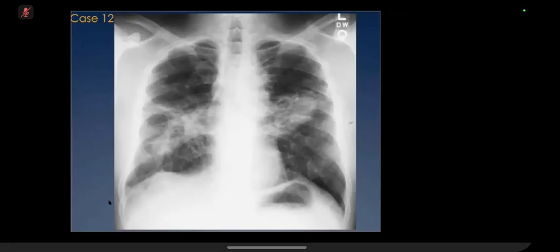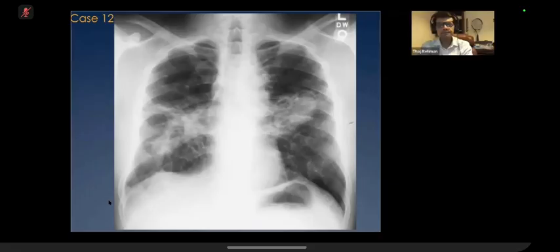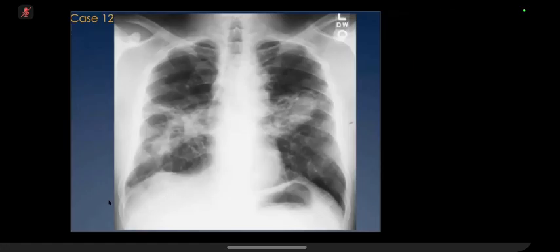There's tenting of both hemidiaphragms, so that shows that there's some fibrotic process going on. Mild interstitial thickening as well, especially in the lower zones. So this appears more like a background interstitial fibrosis and bilateral mass-like lesions.